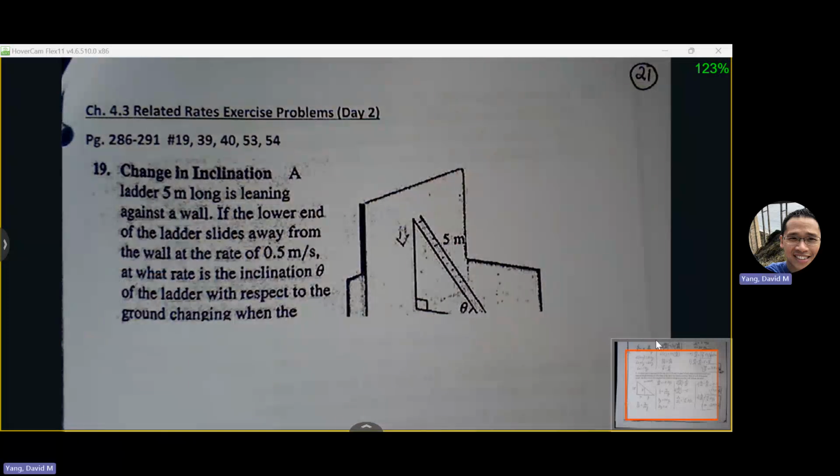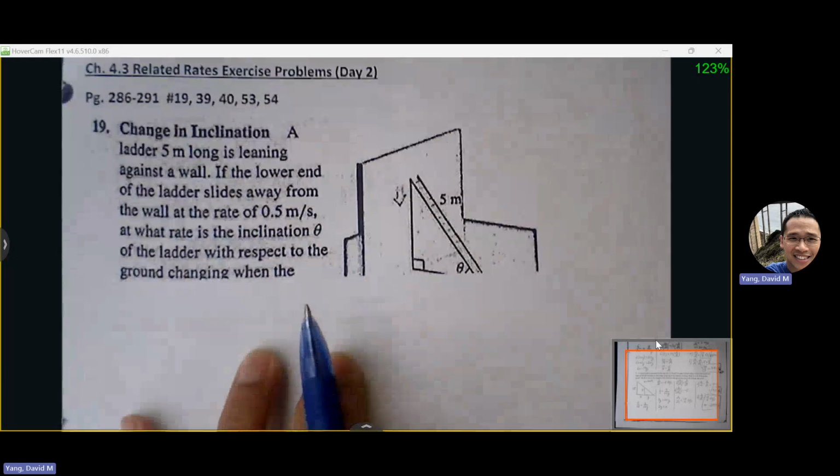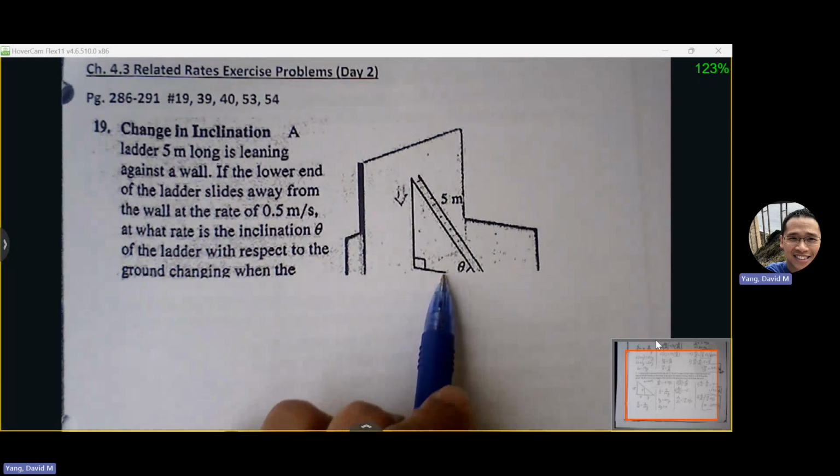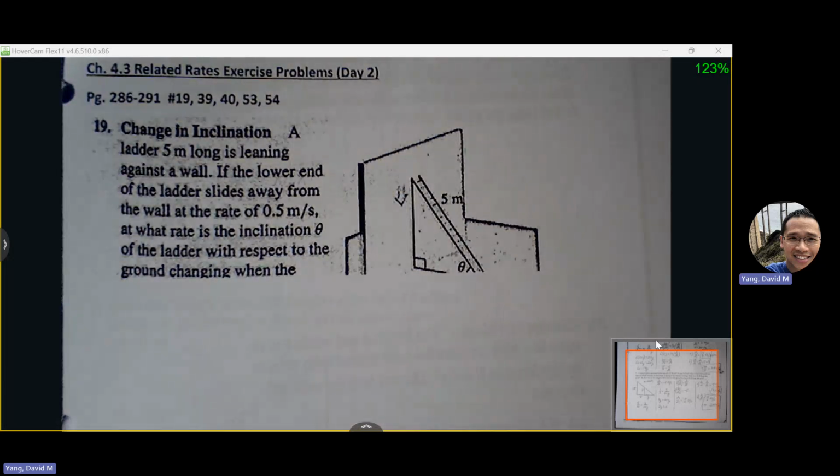This is a ladder problem that we've been doing from before. It's just that now we're trying to find the rate of change of theta instead of finding the rate of change of x, the height, or the length of this triangle.